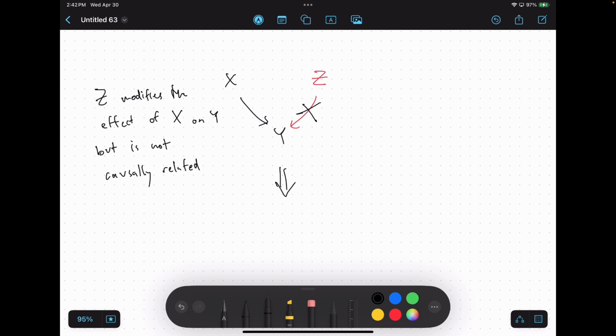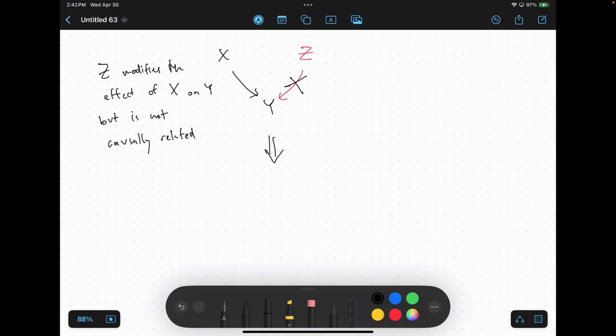So oftentimes we represent this as something like this instead. Yeah, and so this is your moderator variable.